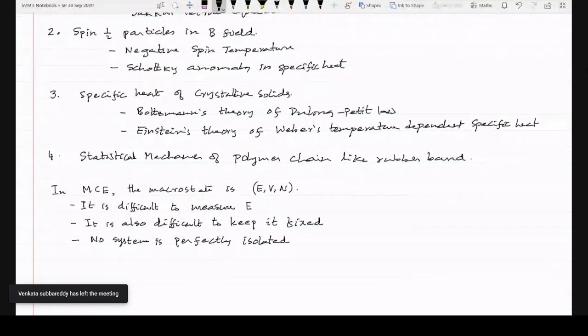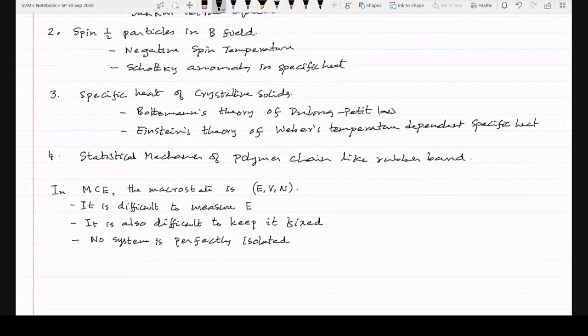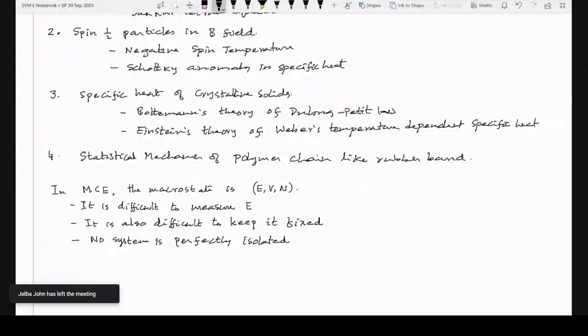So the theory of the microcanonical ensemble is based on the isolated system, which is some kind of an idealization. If you want to compare with some laboratory experiments, it is not very convenient. So it is better to move to some other system. What is easy to measure is the temperature. It's easy to measure.